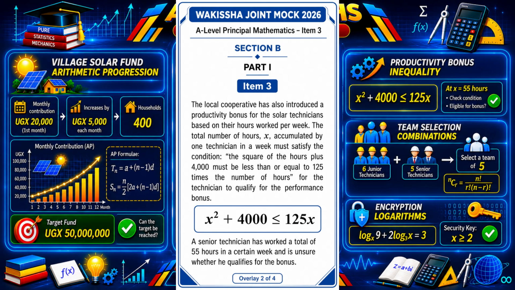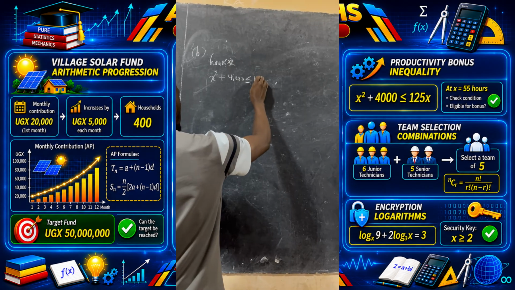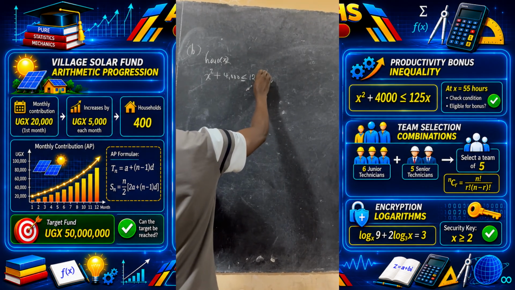The conditions are the square of the hours, plus 4,000, must be less than or equal to 125 times the number of hours. 125 times the number of hours.